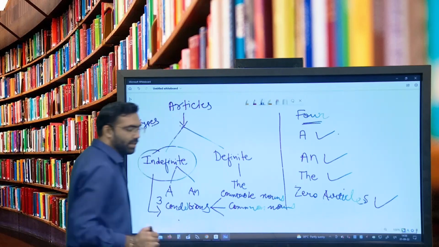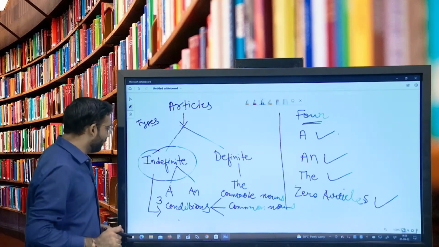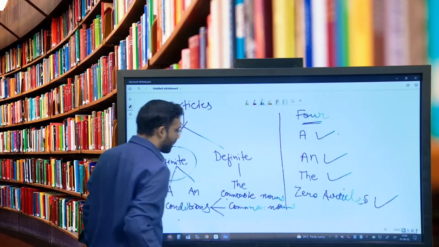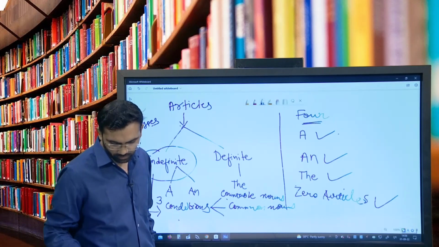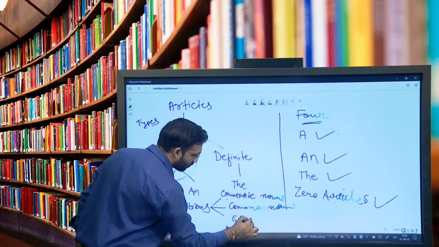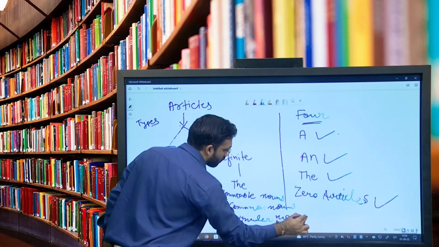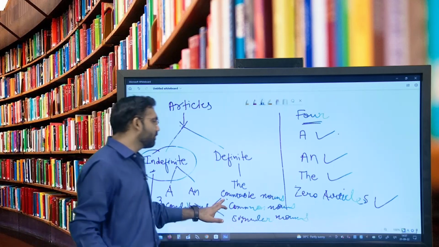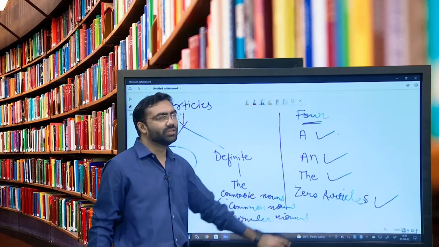First is countable nouns, second is common nouns, and the third one is before singular nouns. Indefinite articles are used before countable nouns, common nouns and singular nouns.